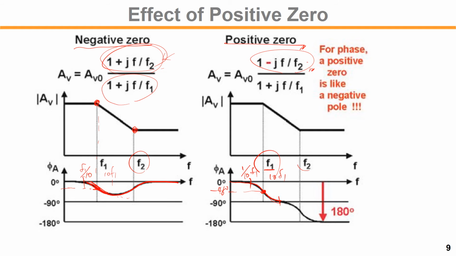And then near F2, we start decreasing the phase again, right? So overall, even though there is one pole there, the phase shift is already 180 degrees after this zero, right? At F2, we have a zero. So this is something that we have to avoid. We have to remove this kind of zero, okay?